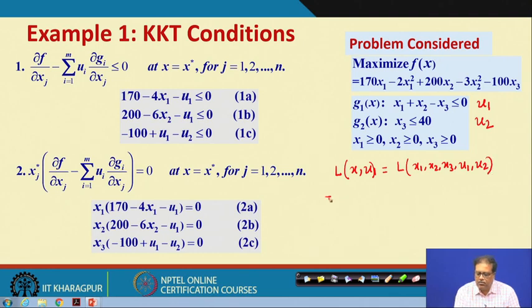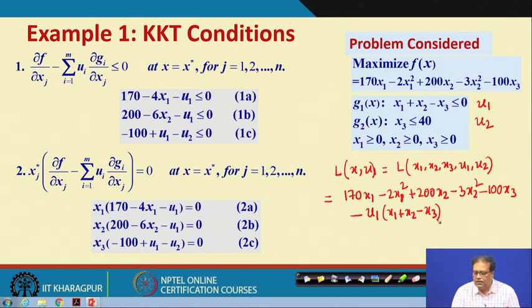That total function will be 170 x1 minus 2 x1 square plus 200 x2 minus 3 x2 whole square minus 100 x3 minus u1 times (x1 plus x2 minus x3) minus u2 times x3.